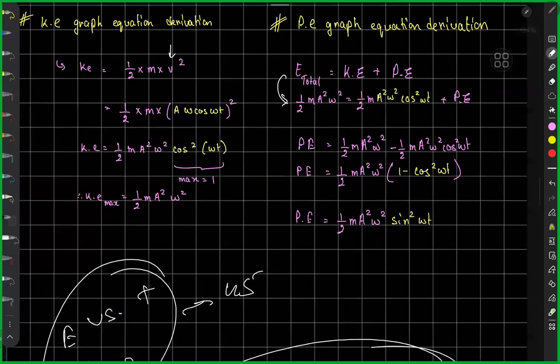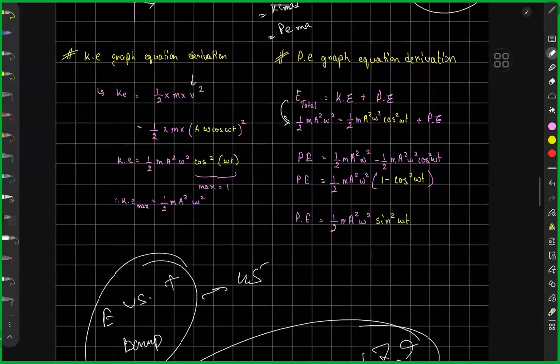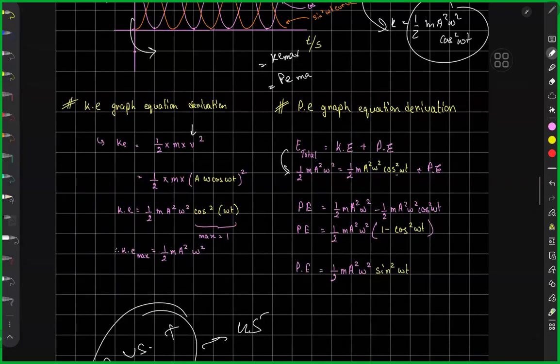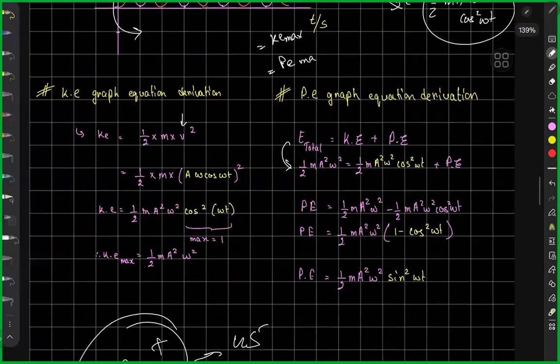Now look, I have defined total energy as this, and I have defined kinetic energy as half m a square cos square omega t, plus potential energy that we're going to find out. So we do a bit of, not derivation, a bit of manipulation over here.